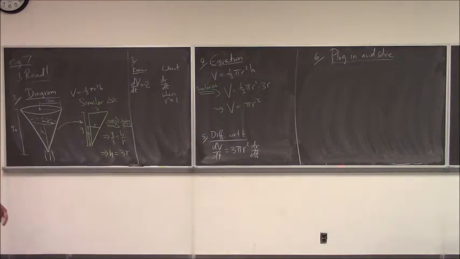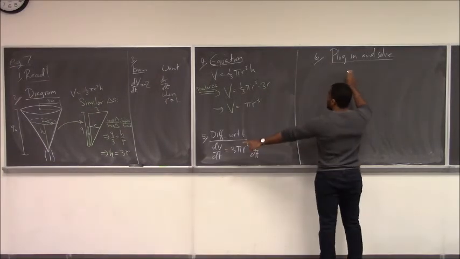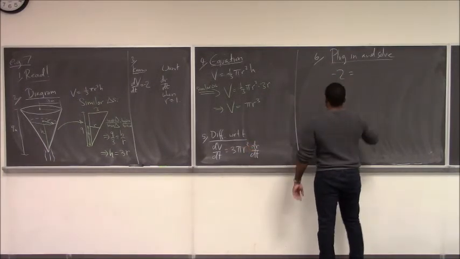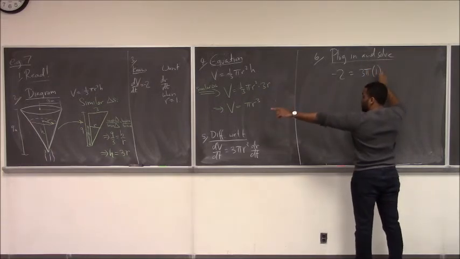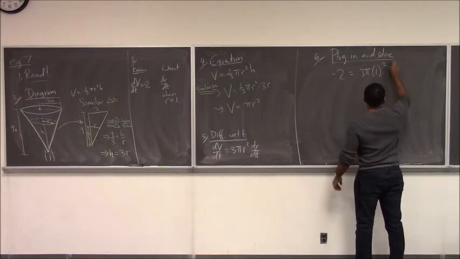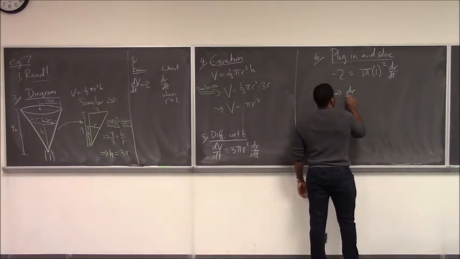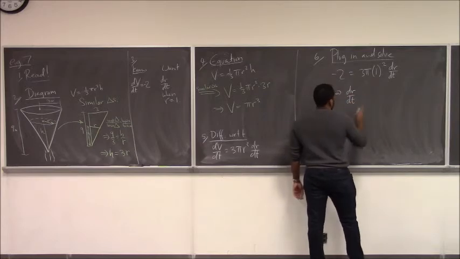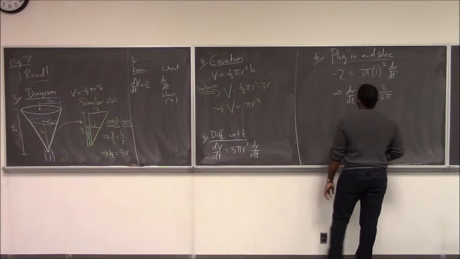And at this point, I actually have all the information I would need. I know that dV/dt is minus 2, which equals 3 pi r squared dr/dt, r is 1, and dr/dt is the guy I want to find. So this means your dr/dt would be minus 2 over 3 pi.